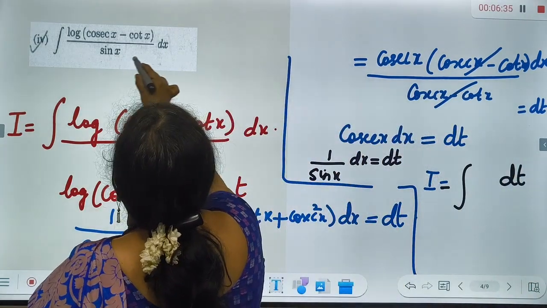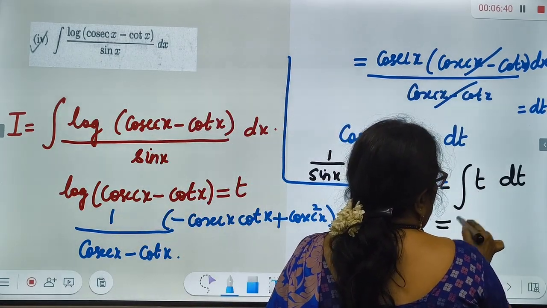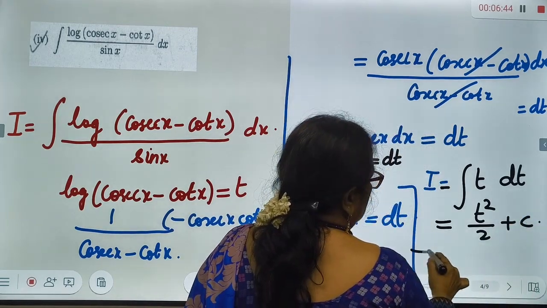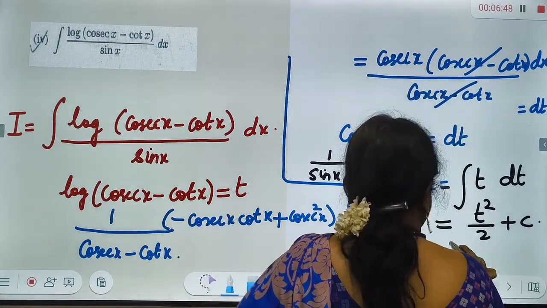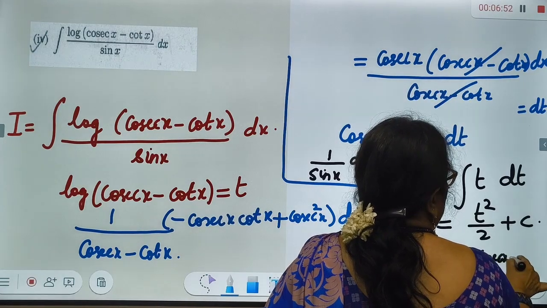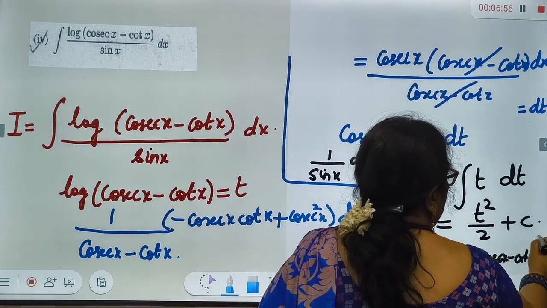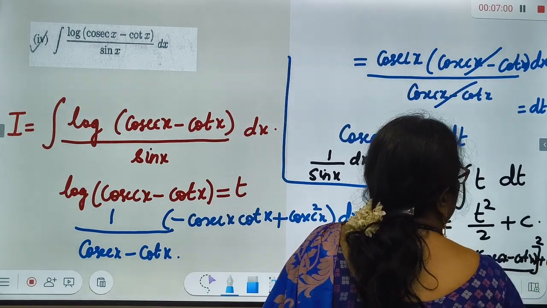What is log cosecant x minus cot x? That is what we have kept as t. So the integral of t is t square by 2 plus c. What is t? T is log cosecant x minus cot x, so the whole square by 2 plus c.